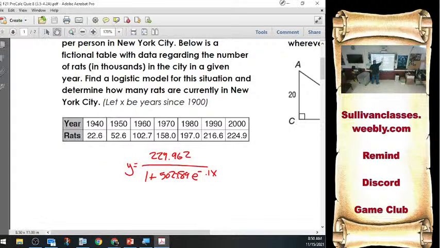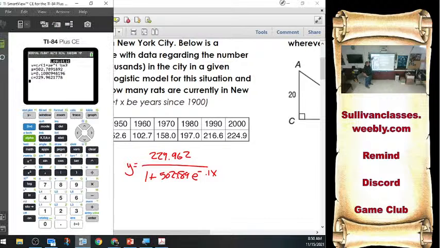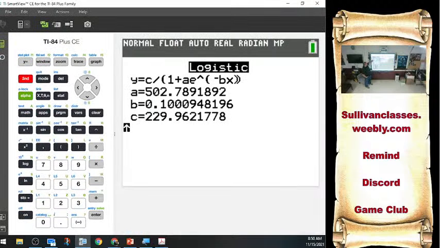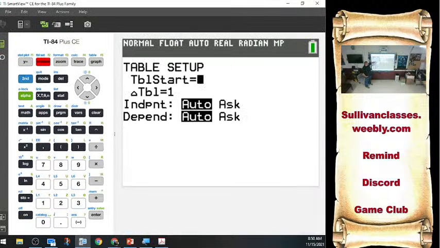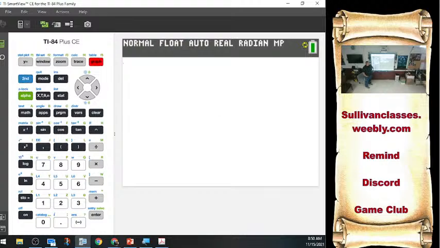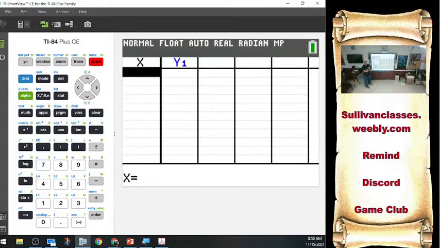Okay, I get my model and use this to determine how many rats are currently in New York City. So now that I've stored my model, I can go to my table, switch over to ask, and then what am I plugging in? 121.